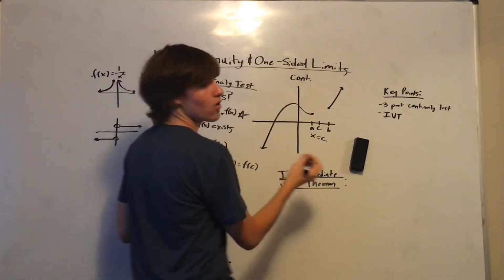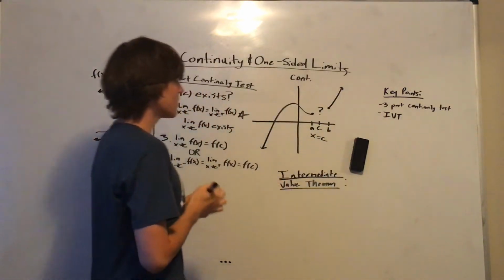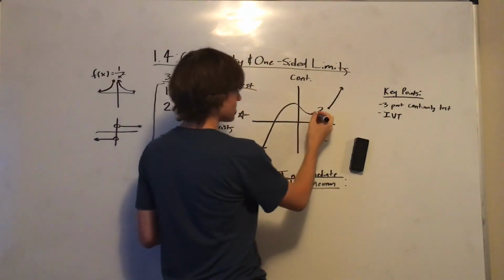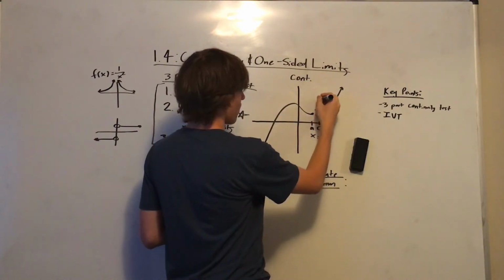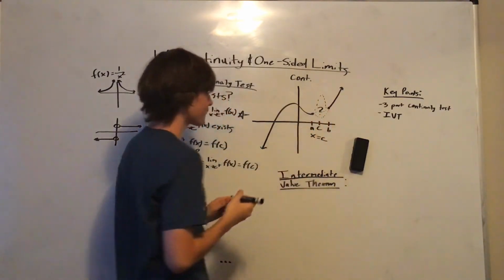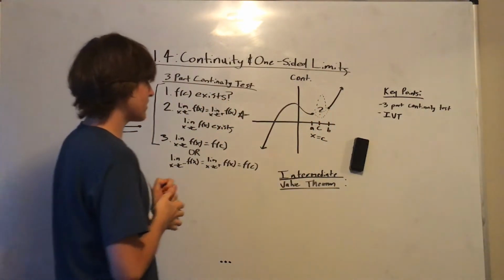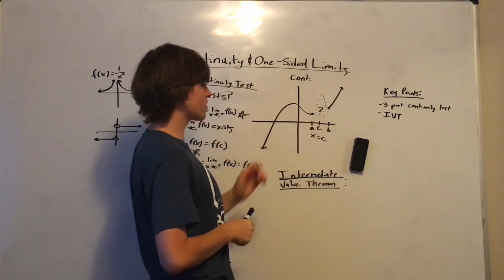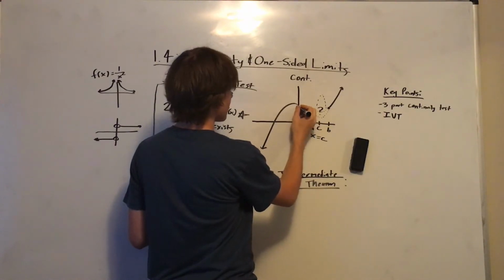But we don't know what's going on with the function in here. We know that the function has to pass through this area somehow to get over here, but we don't know how. We want to show that this function at a certain point reaches a value, let's say right here.